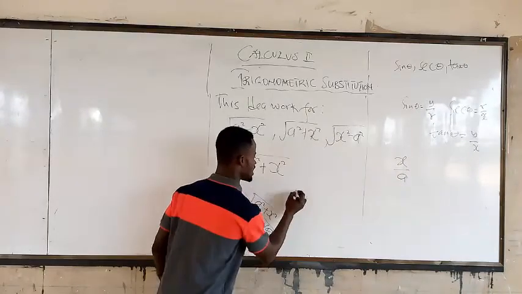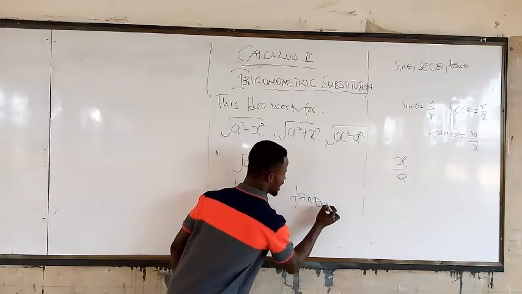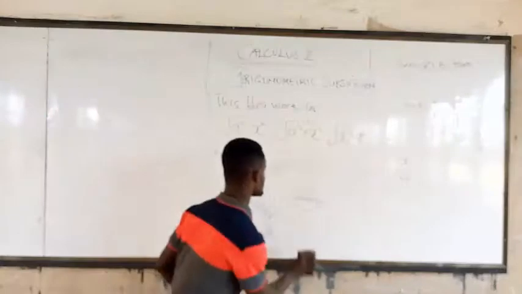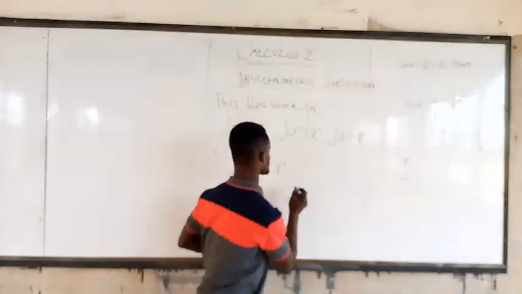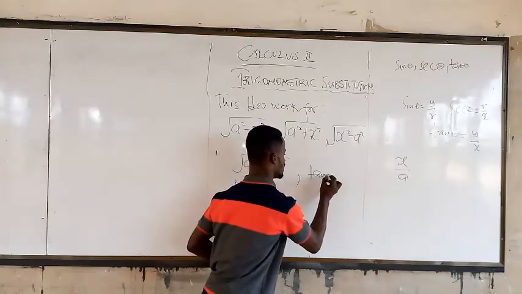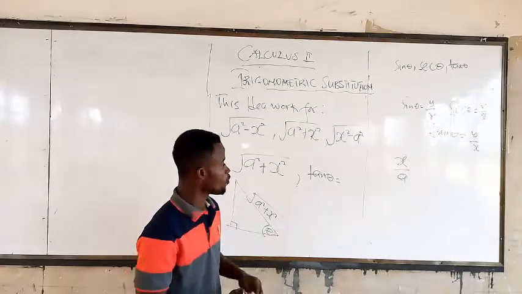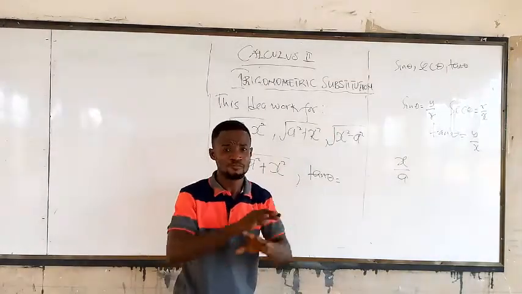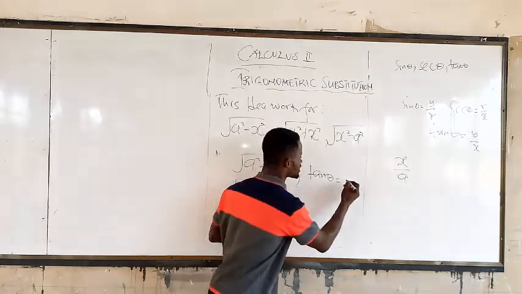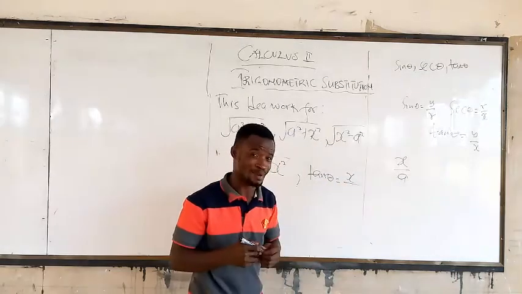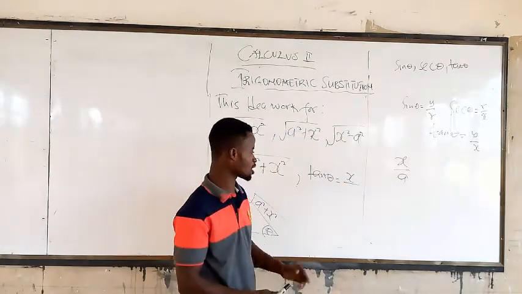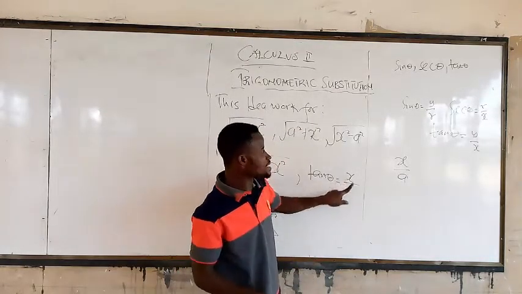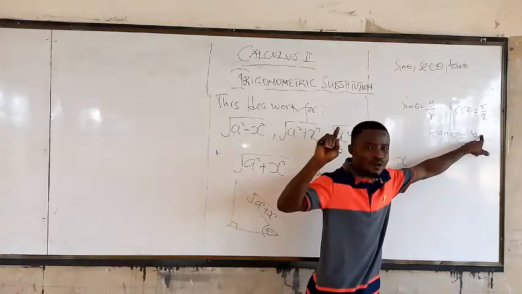We know that here tan theta, and definitely we have to get a variable first on top. That is by default. We have to get a variable on top. I hope you understand. And a constant. So you see that this variable s will now represent the y.